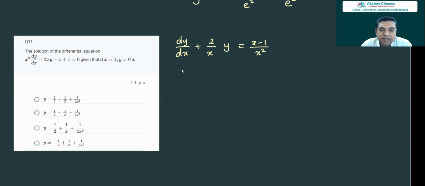So integrating factor is again e power integral 2 by x dx, which is e power 2 log x, which is x square.